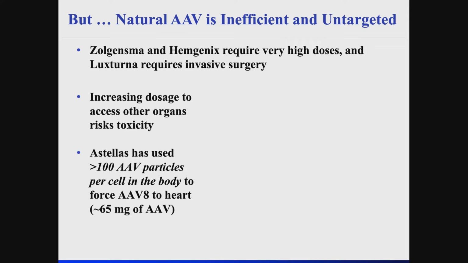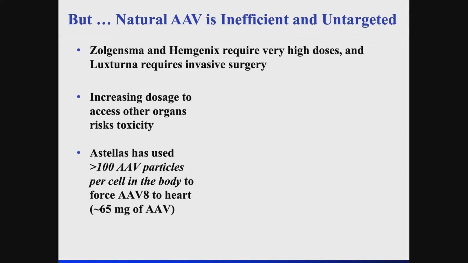And even though 999 particles arrived at the liver for every one that arrived at muscle, they could stoichiometrically increase the amount that was administered to the body to get a good amount that arrives on muscle. But to do this, they had to increase the dosage to over 100 AAV particles for every single cell within the body.